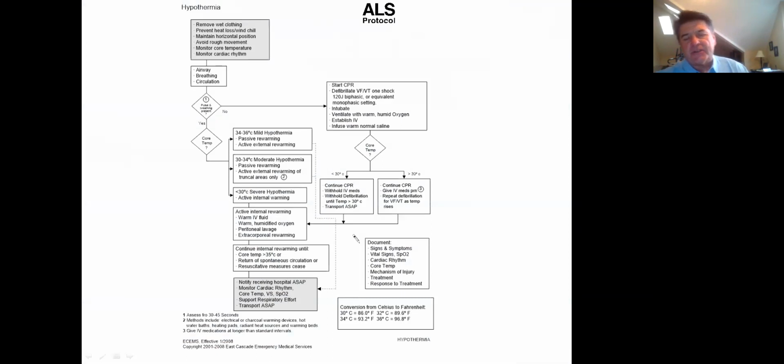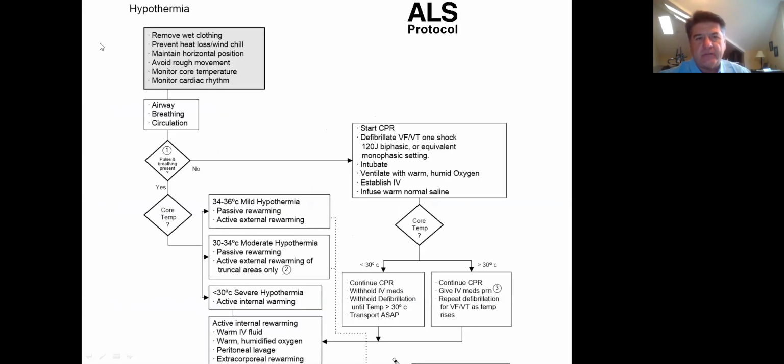This is just a copy of our Central Oregon hypothermia protocol. I'll zoom in right here, and it's basically what we talked about. Remove the wet clothing, prevent heat loss, maintain horizontal position, avoid rough movement, monitor the core temperature, which means a rectal thermometer, and monitor cardiac rhythm.